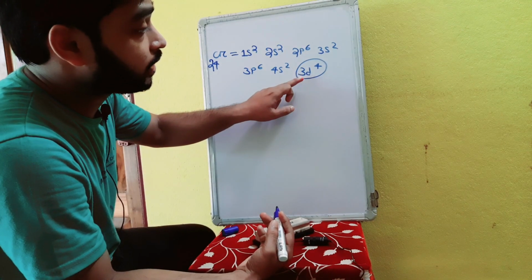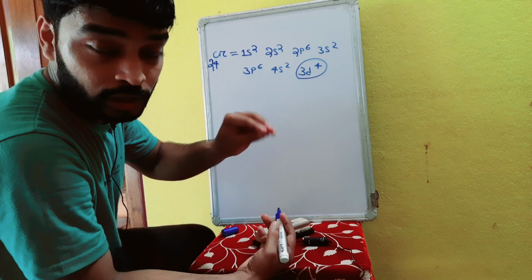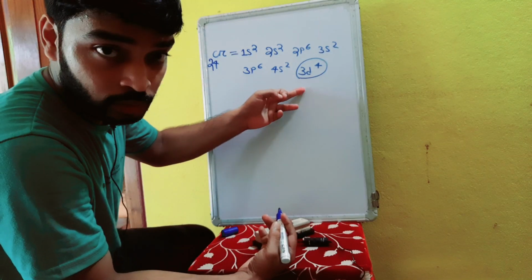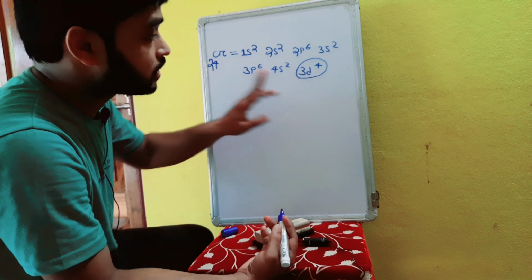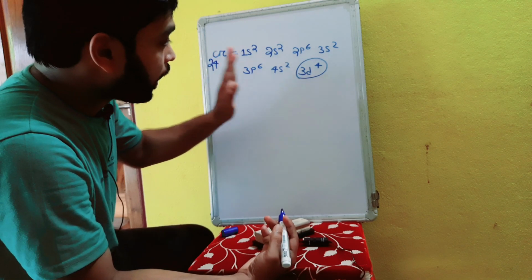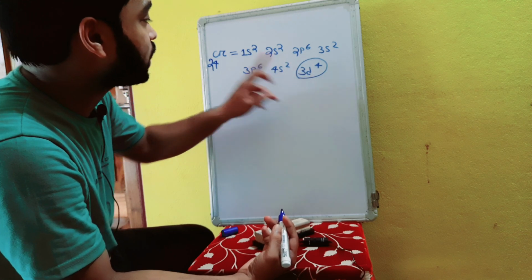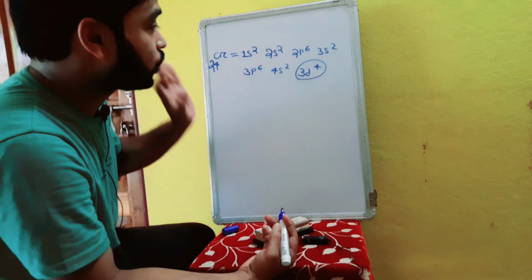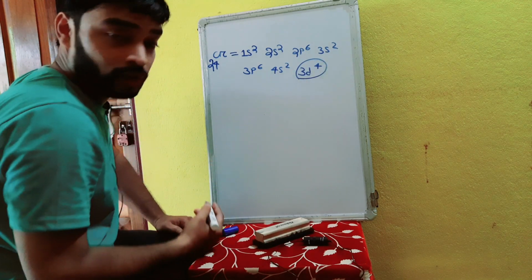The 3d orbital possesses 10 electrons or 5 electrons to become stable. If the 3d orbital is stable, then the atom containing it becomes stable. That means we need to fill the 3d orbital to make the chromium atom stable. So 3d is 4, we need to make it 5, 3d5.